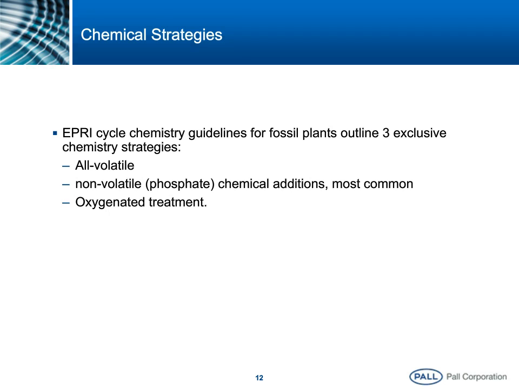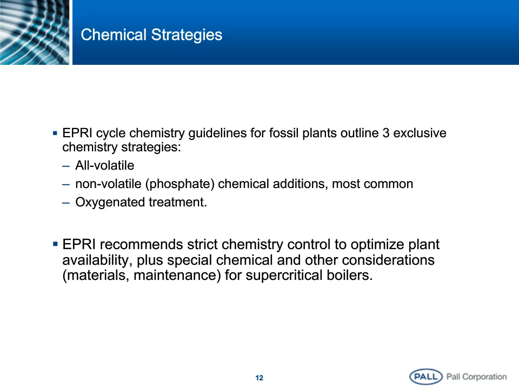In another webinar, we go over all 3 of them for almost half an hour each, and we go through all the details, but this is not the point of this presentation here. But let's remember overall that strict chemistry control is really recommended by EPRI to optimize plant availability and reliability, especially for supercritical boilers.